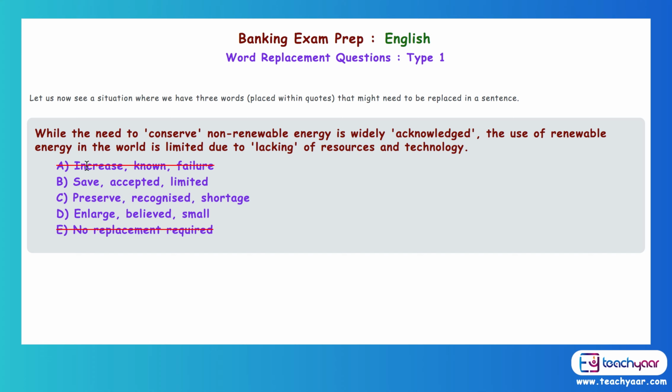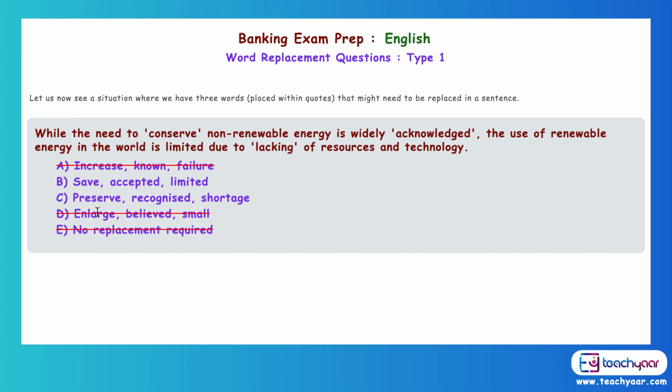While the need to save non-renewable energy. Okay, save is okay, conserve. What about C, preserve? Preserve is okay because preserve is a synonym of conserve. Option D, enlarge. Enlarge is like increase. So that is not right. That's not a synonym of conserve. So option D is gone. Now we have B and C left.